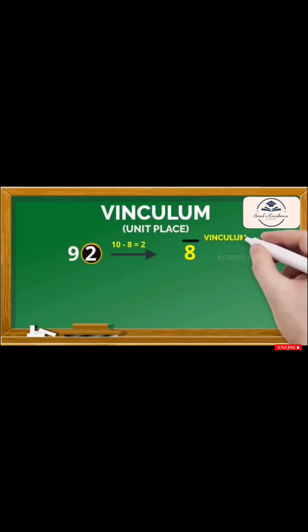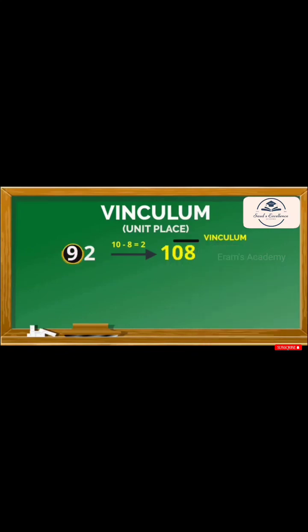Bar denotes vinculum. Then we take the 10's digit's consecutive number, so 9's consecutive number is 10, so we write 10. So then we can say it is 100 less 8, which is 92.